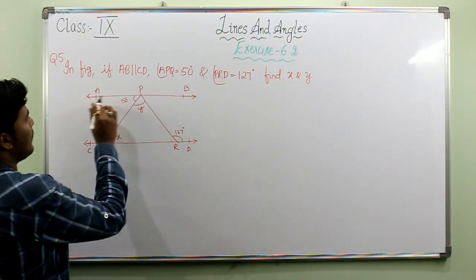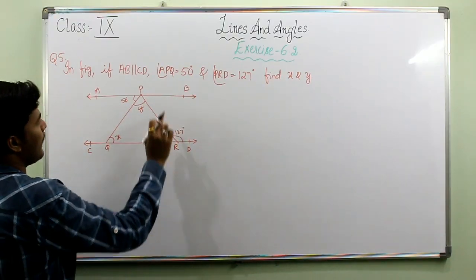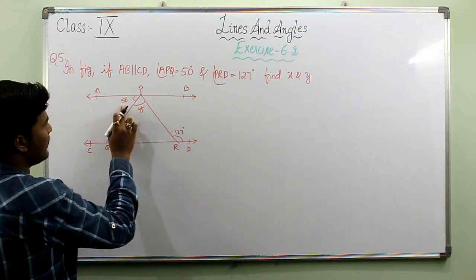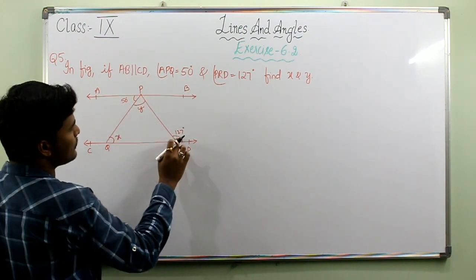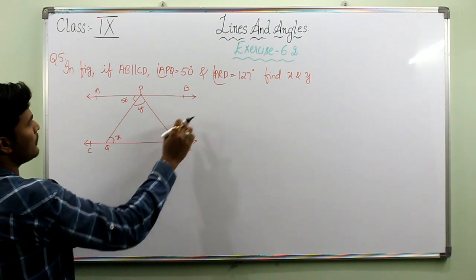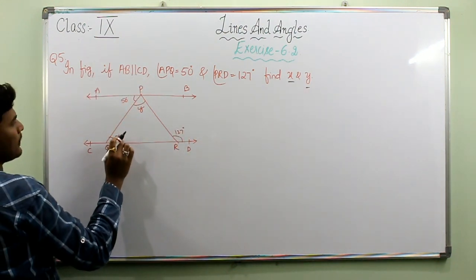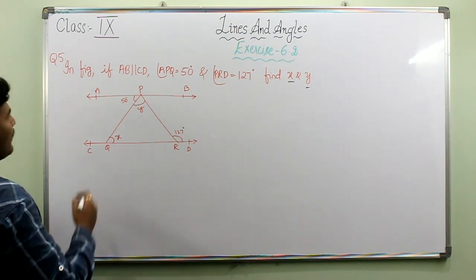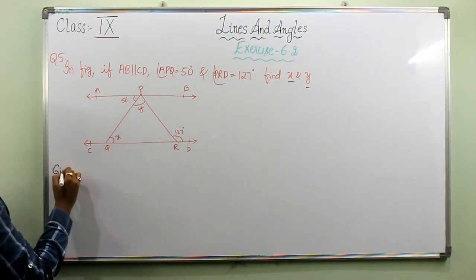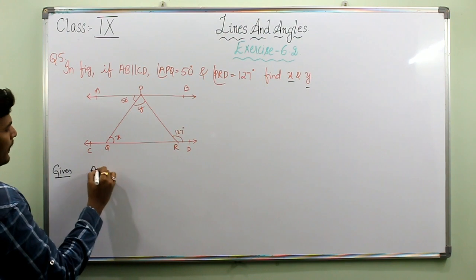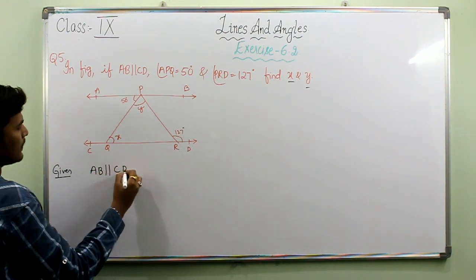If AB is parallel to CD and APQ is given as 50 degrees and PRD is given as 127 degrees, we have to find the values of X and Y. This is X and this is Y. Now we are given AB is parallel to CD.